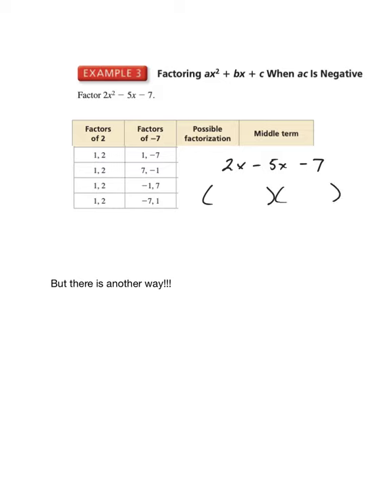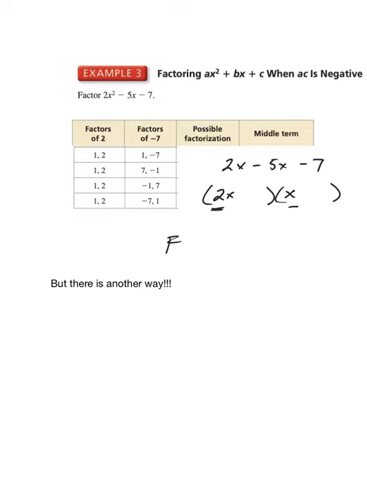So let's set these numbers up. We need to set up the firsts. So the F of FOIL is going to have to multiply to 2x. So what numbers am I going to do for that? How about 2x and x? It doesn't matter which one you put where, but 2x and x works.